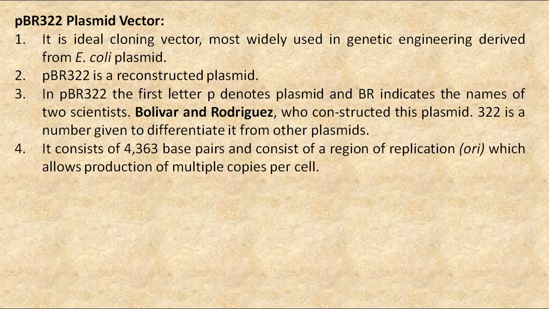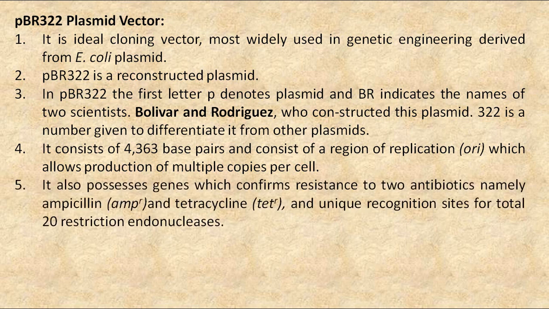It consists of 4363 base pairs and consists of a region of replication which allows production of multiple copies per cell. It also possesses genes which confer resistance to two antibiotics, namely ampicillin and tetracycline, and unique recognition sites for a total of 20 restriction endonucleases.